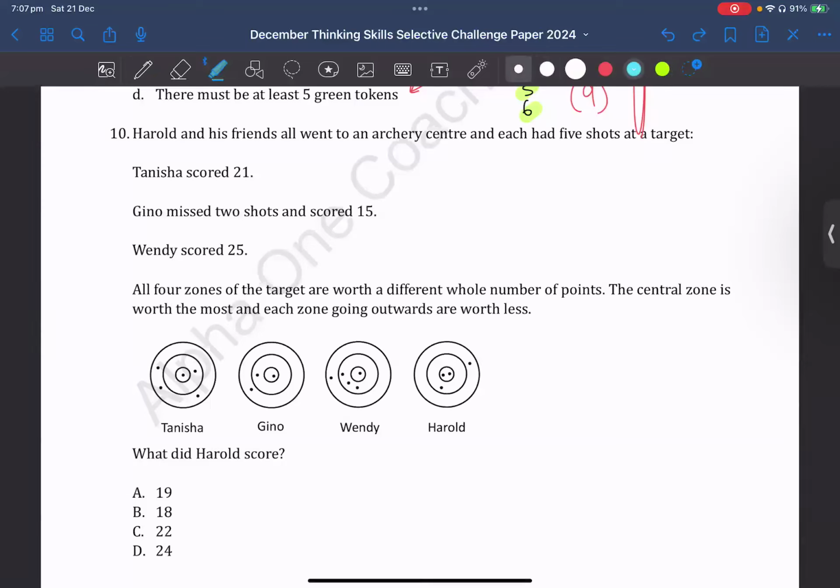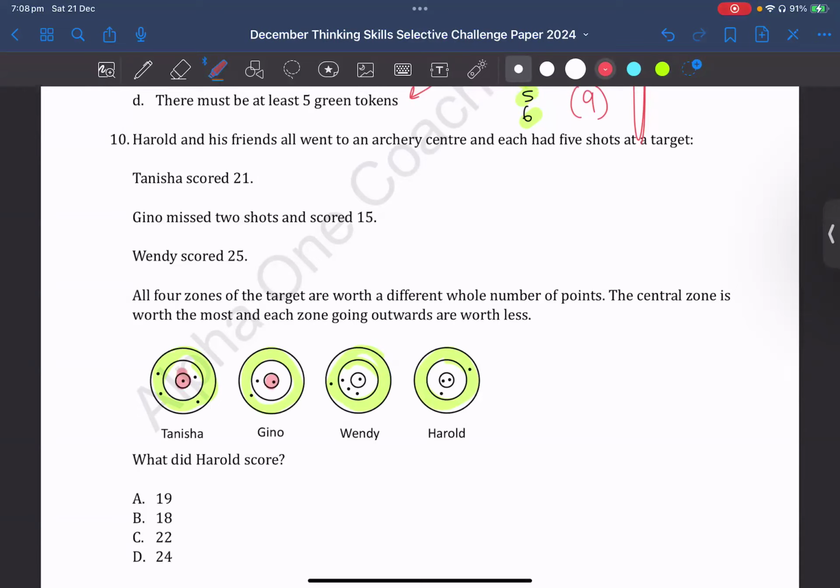Alrighty. So the way to do this question is just understand the nature of the zones. For teaching purposes, I'm going to highlight this red on the inside and blue on the outside. So I'm just going to refer to these by colors now. But please remember that red refers to the center one, blue refers to the middle ring, and green refers to the outermost ring.